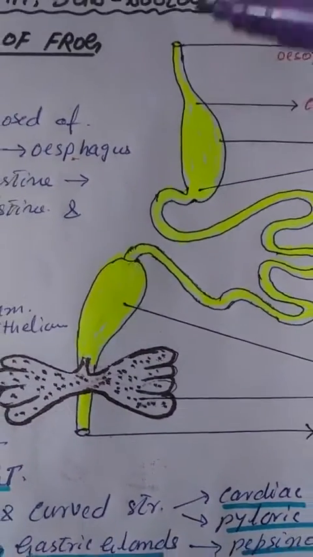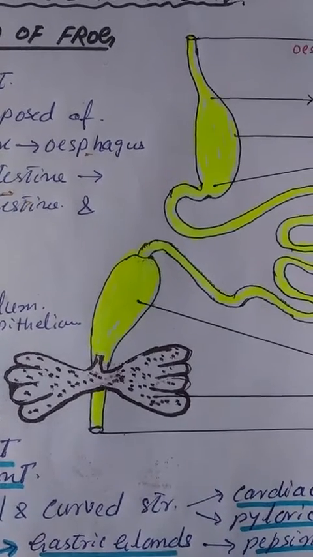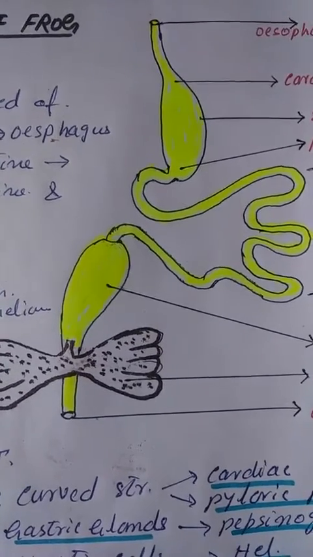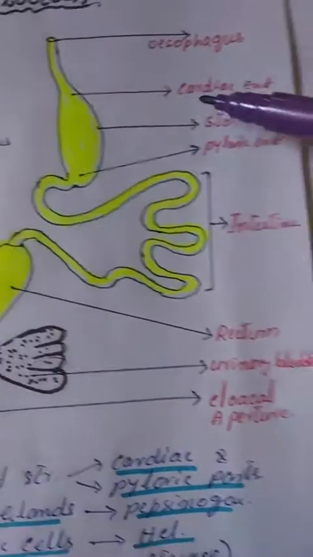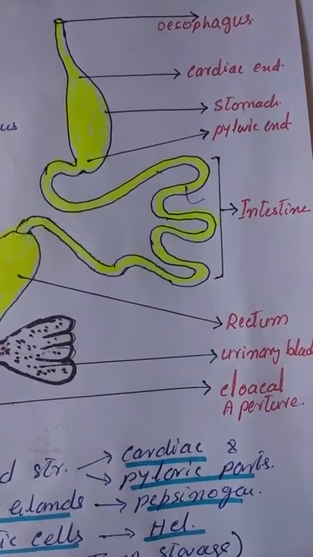The stomach is a large, broad, and curved structure. It is divisible into anterior cardiac and posterior pyloric regions.